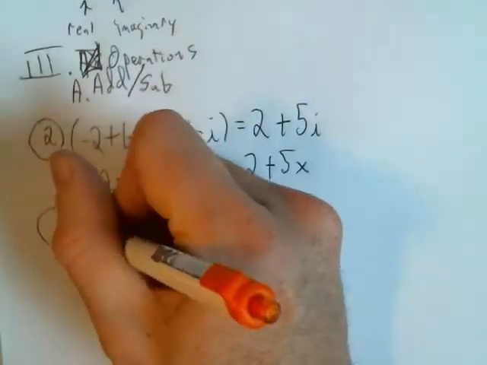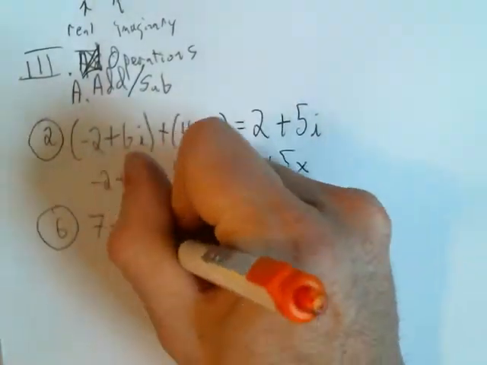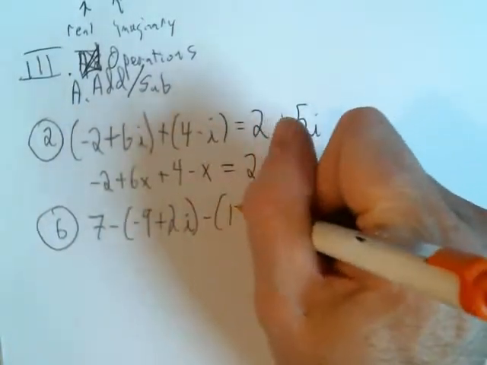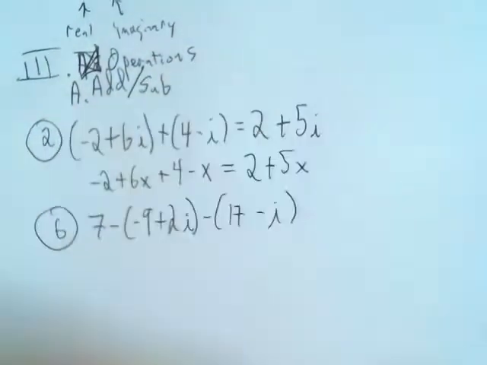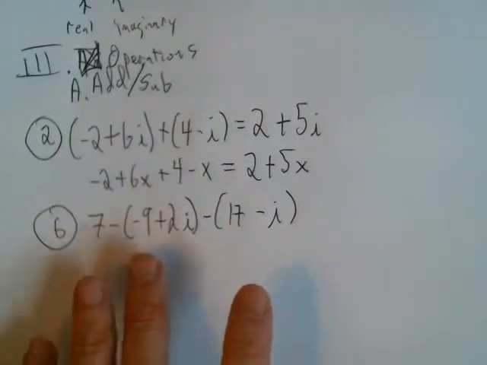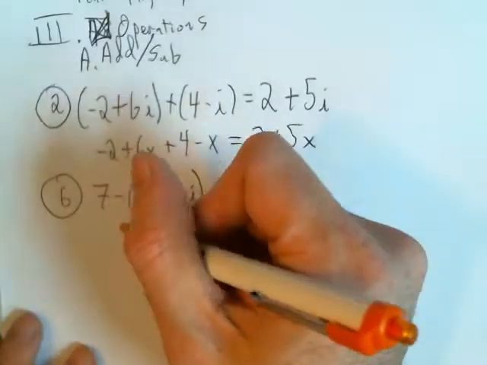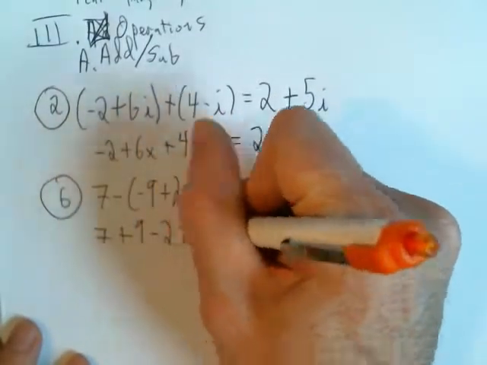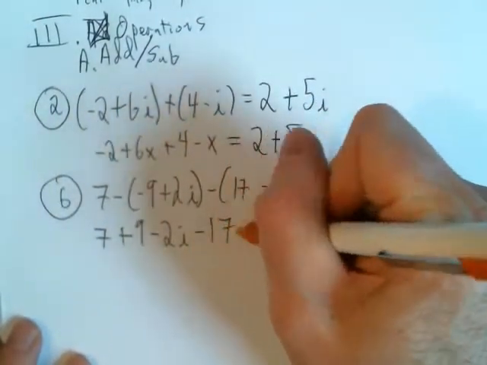Let's look at a subtraction case. I'll have 7 minus -9 plus 2i minus 17 minus i. So when we subtract these numbers, we have to be considerate of the distribution of this negative. So we'll have 7 plus 9 minus 2i minus 17 plus i.